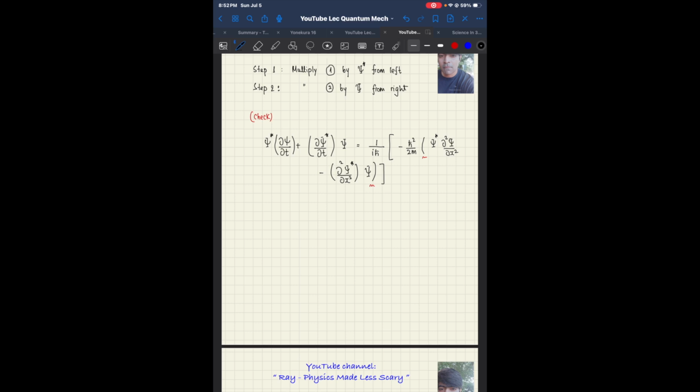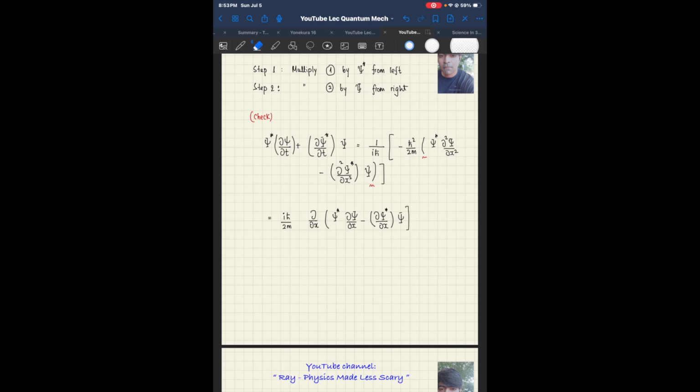Okay, so this is an intermediate step. The next step would be, this gives you i h cross by 2m del/del x of (psi star del psi/del x minus del psi star/del x psi).